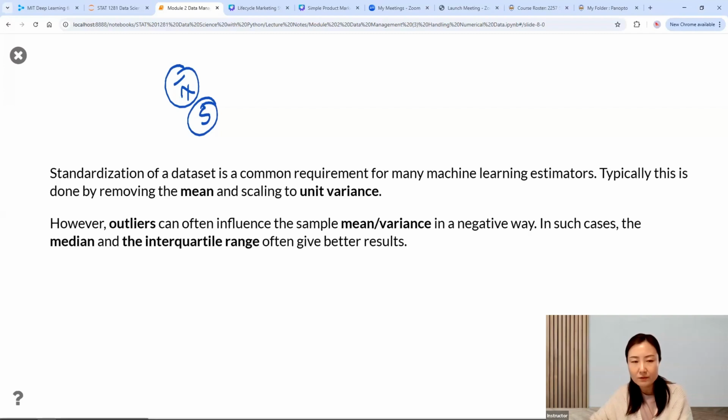In this case, it's better to use robust measurements of center and spread. The robust measure of center is the median.